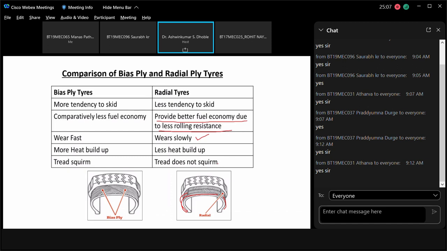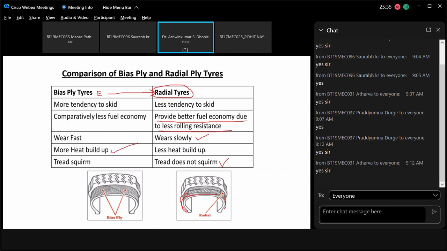That means the treads stay in their own position because the heat generation is less in the radial ply tire. So that is why the advantage naturally goes in favor of the radial ply tire, because bias ply tires are the earlier days tires, and radial ply tires were made after them to overcome the problem of heat buildup.